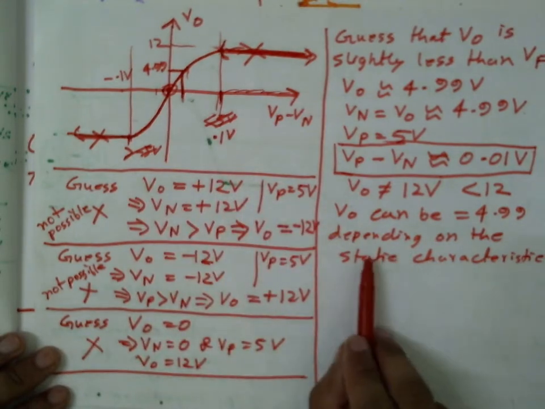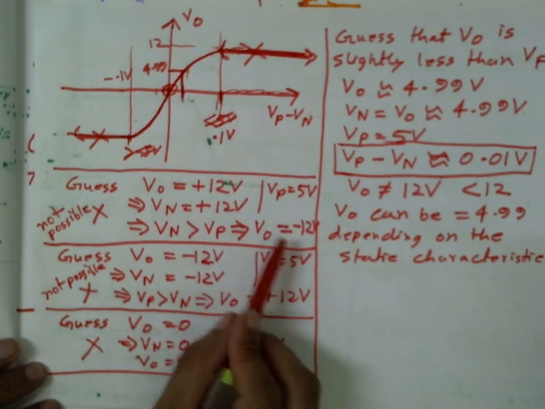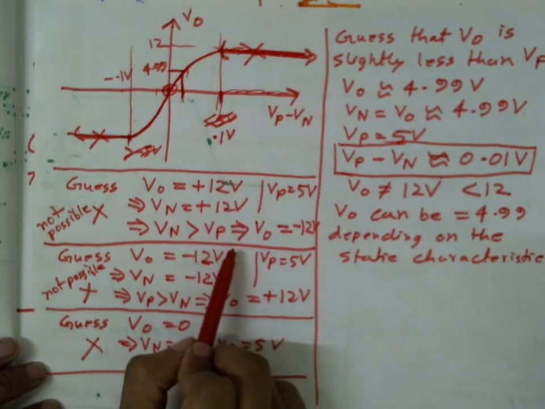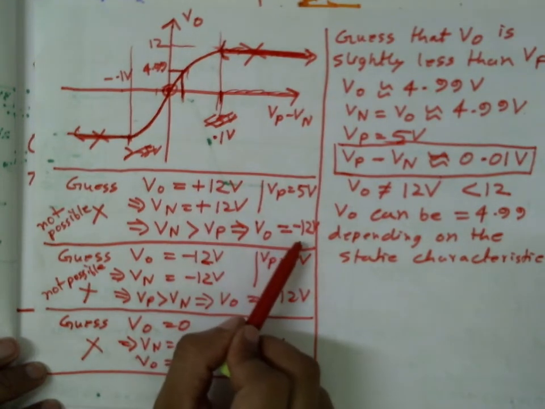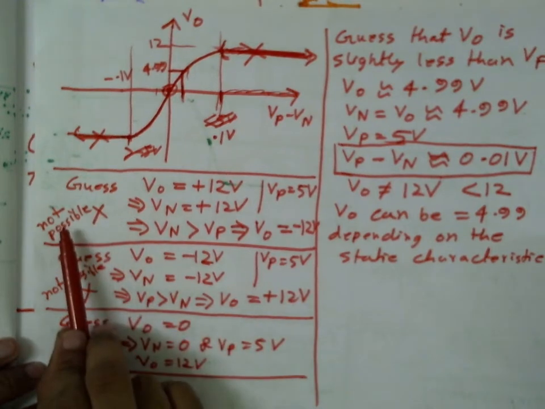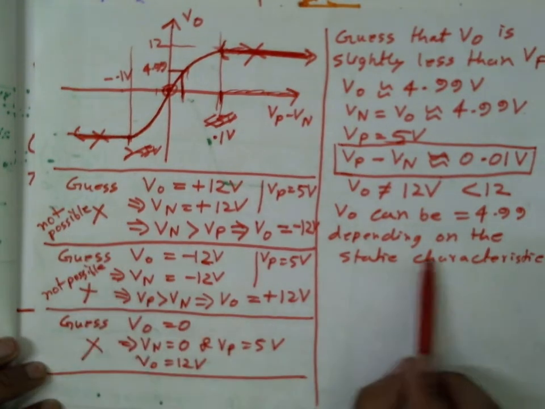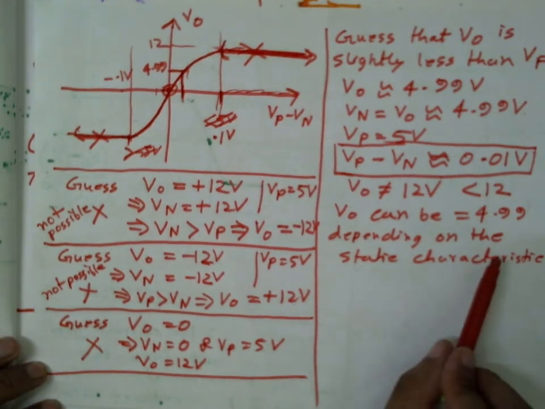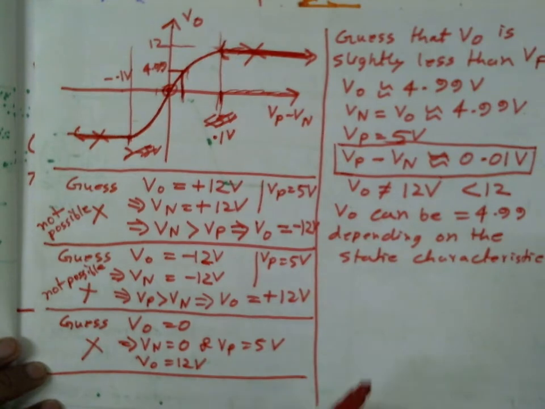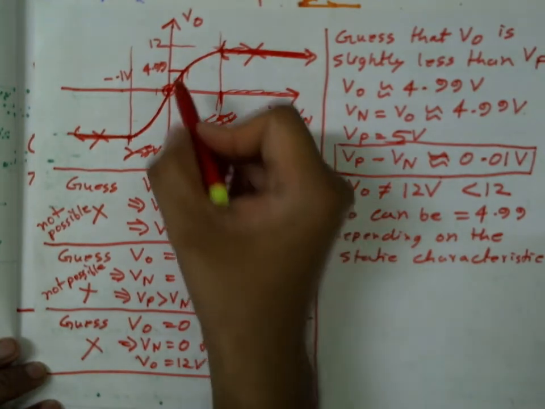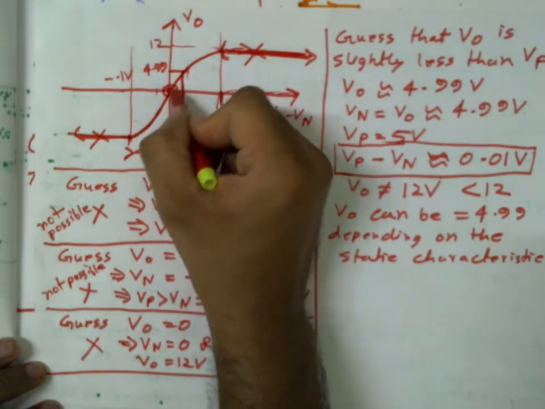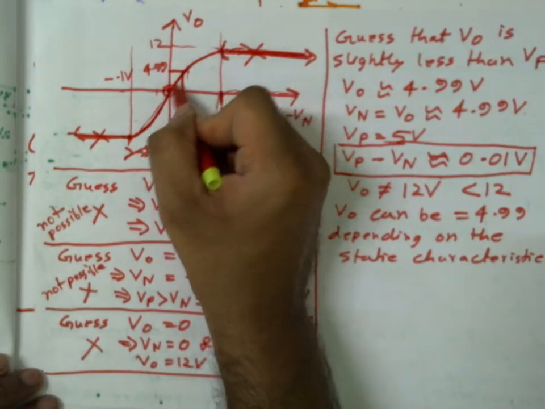There is no contradiction, as we saw earlier, where we started with a guess of plus 12 volt and ended up with a conclusion that it should be minus 12 volt, which was directly contradicting our initial guess. In this case we do not see any contradiction, although it doesn't say conclusively that this has to be 4.99, but it gives us an indication that VO will lie somewhere in this region, right?